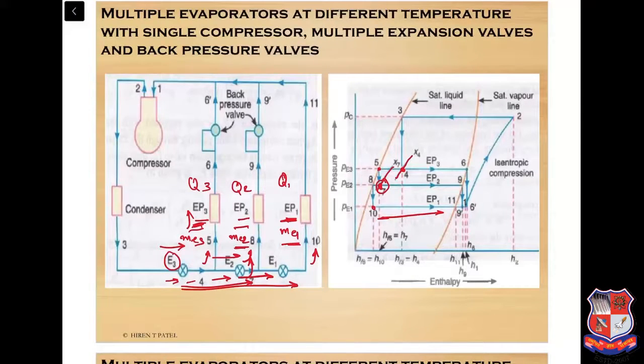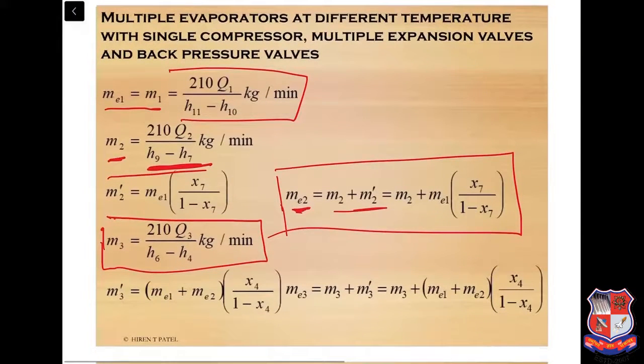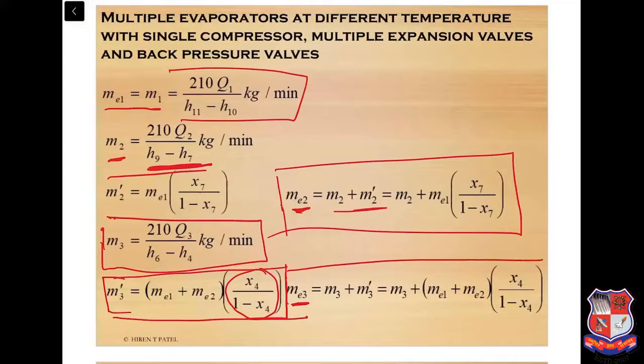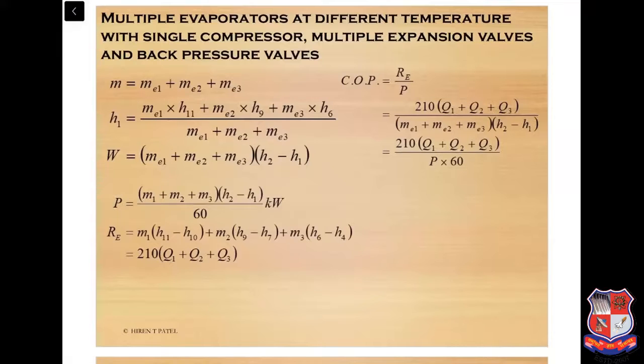So both masses are generating the vapor, and that mass of vapor is calculated by M3 dash equal to Me1 plus Me2 into X4 divided by 1 minus X4, that is the dryness fraction available at point 4, and the total mass is calculated by M3 plus M3 dash. So the total mass circulated through the system, M, is equal to Me1 plus Me2 plus Me3.